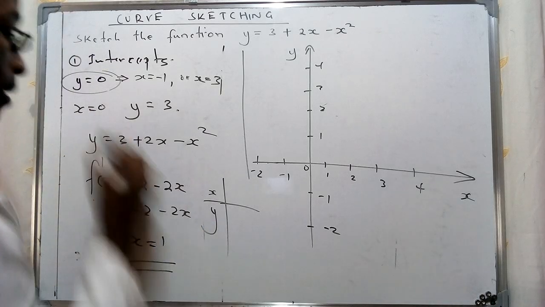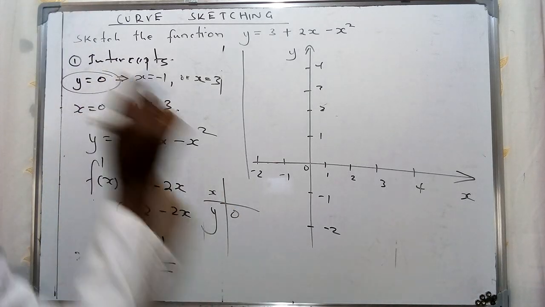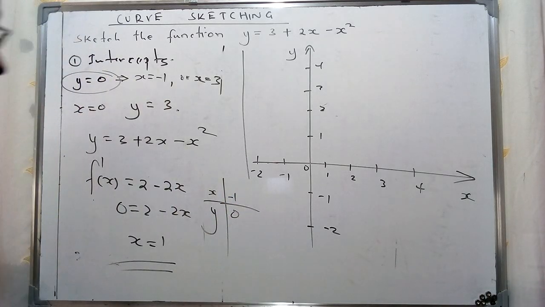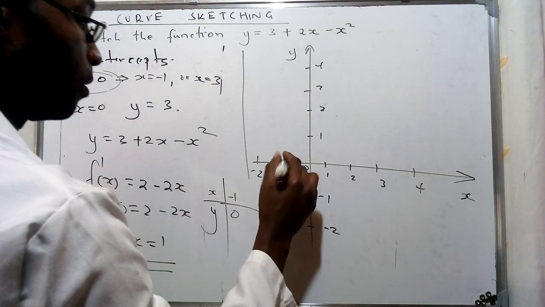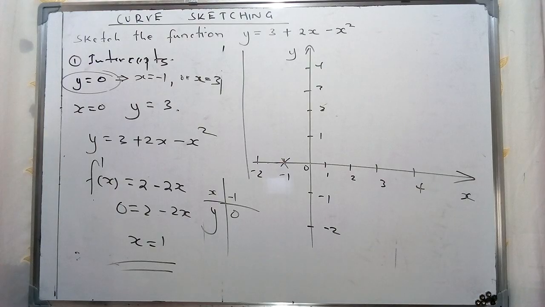Whenever y is equivalent to 0, we're going to have a corresponding value of x equal to -1, which implies there is a point at that location. And if y is still 0, we have another point where x is a positive 3.